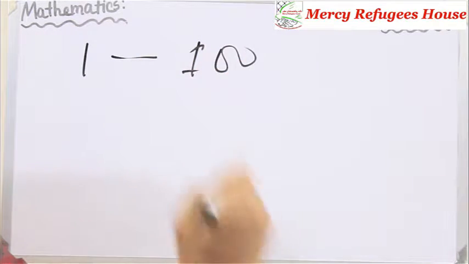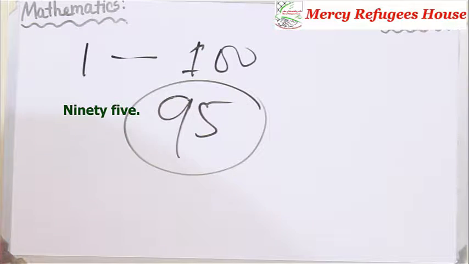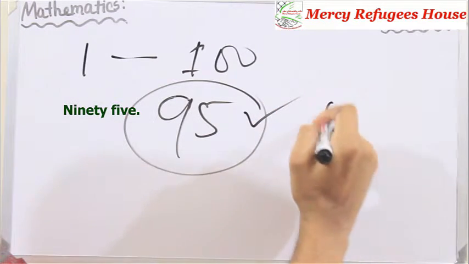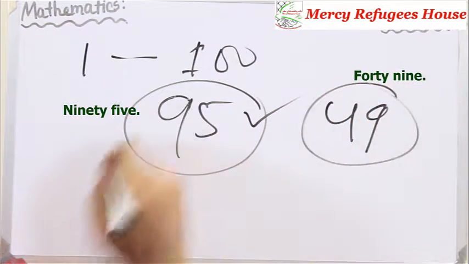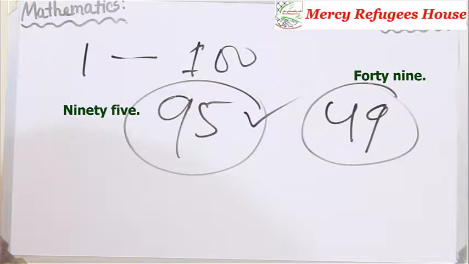So if we show them 95 and ask them what is this, they should be able to tell us this is 95. If you ask what is this, the student should be able to say this is 49. Now this is how you teach them 1 to 100.